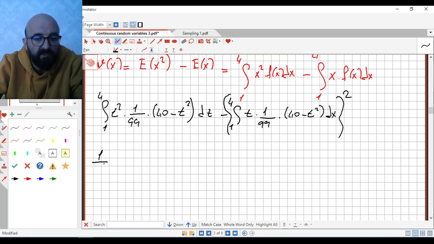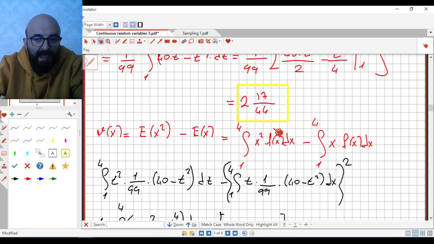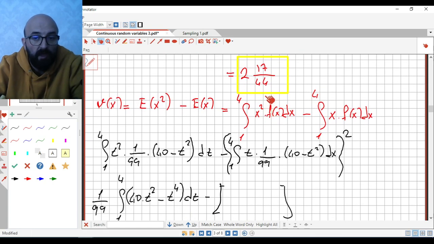So I want to rearrange the integration process: 1 over 99, from 1 to 4, of (40t square minus t to the 4) dt, and please remember that we had found the expectation of x. It means 105 over 44, squared.